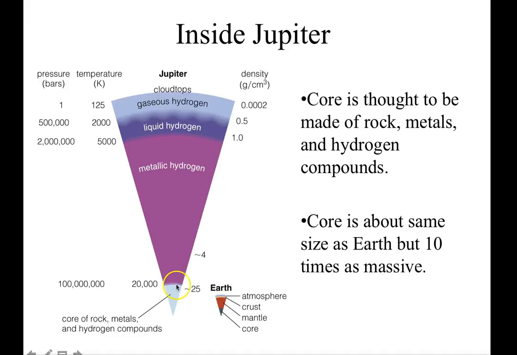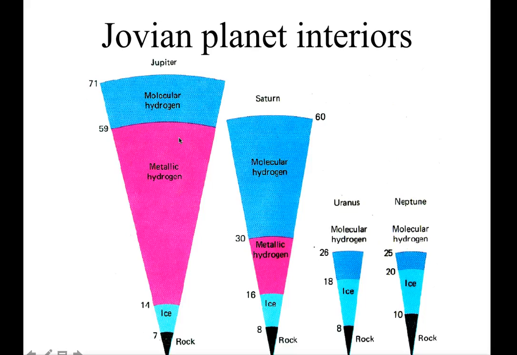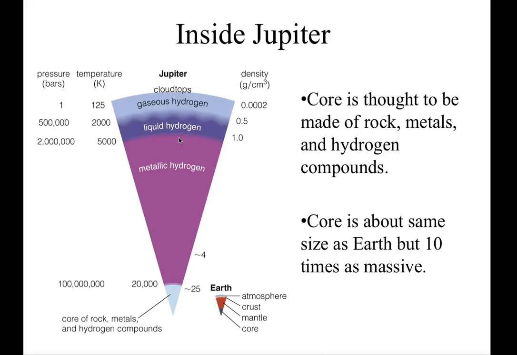And then as I go out from here, this is metallic hydrogen. Remember, hydrogen is a gas. And here, what are we doing with hydrogen as a metal? Well, what's going on is there's so much mass pushing down on this thing that we have pushed these gas molecules so close together that they are forming a metal.